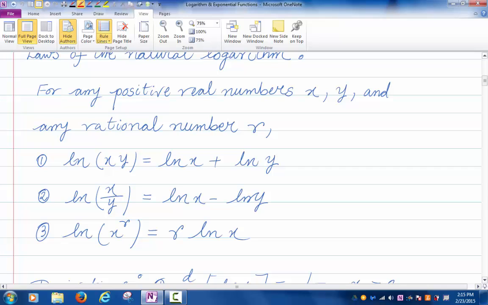What I want to do now is give you a proof of number 3. Remember I said you can prove these things by using derivatives. Now how? I want to show in number 3 the left hand side is equal to the right hand side. On the left hand side I have a function of x. On the right hand side I have a function of x. I want to show they are the same. One way to show that is to show that they have the same derivatives.